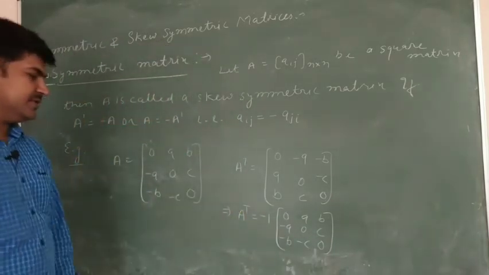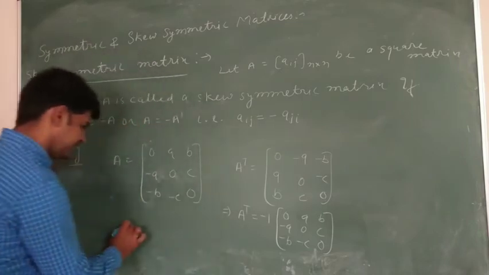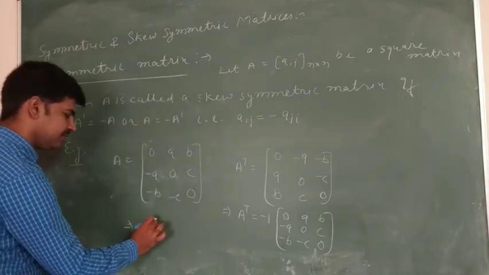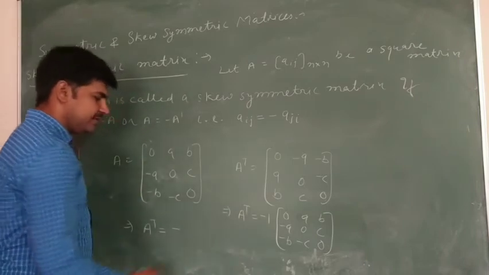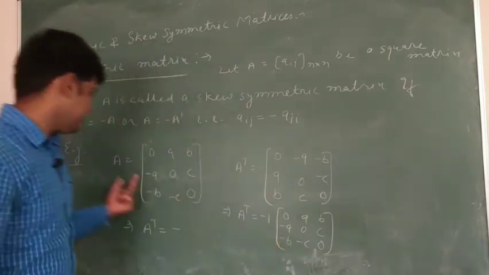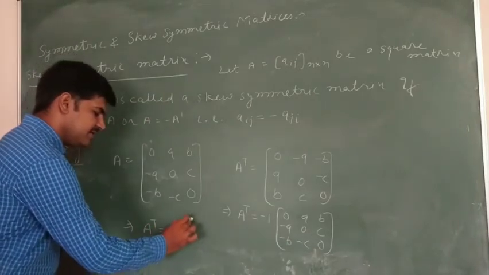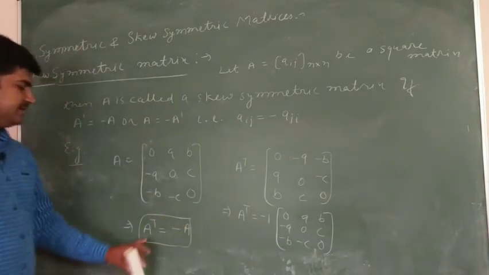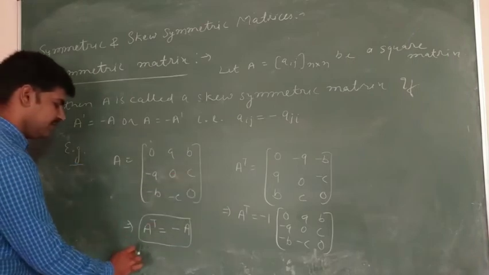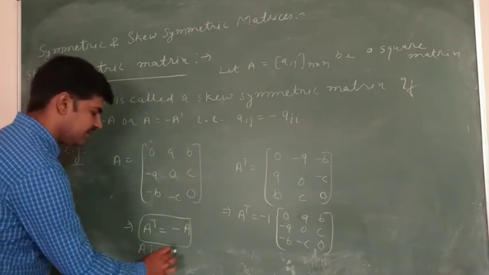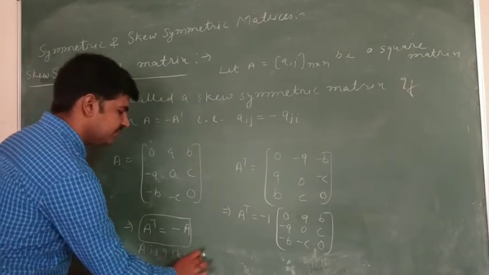So here students, the transpose of matrix A is equal to minus 1 times the matrix A. Since this is the condition for this particular matrix, therefore A is a skew symmetric matrix.